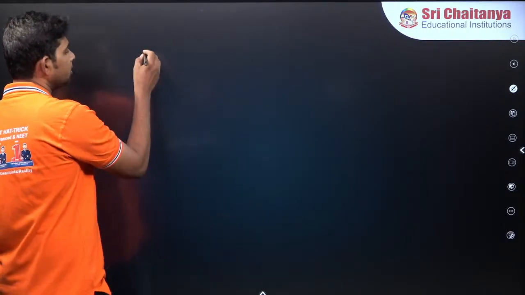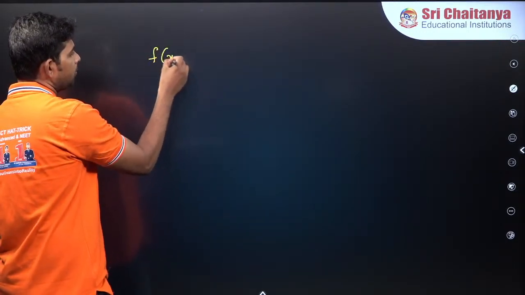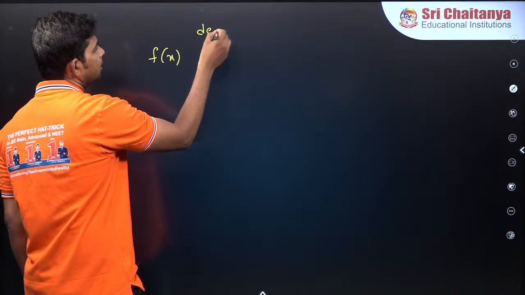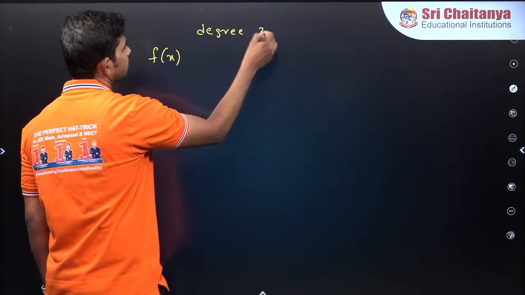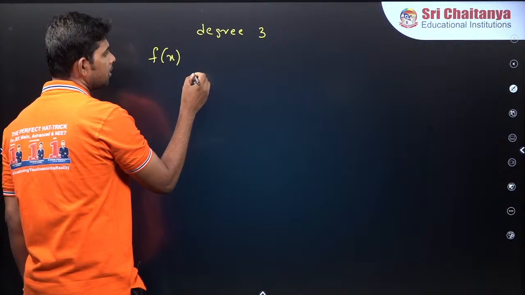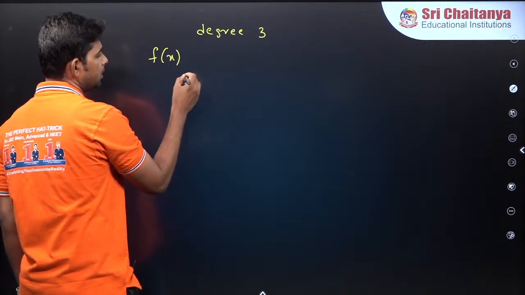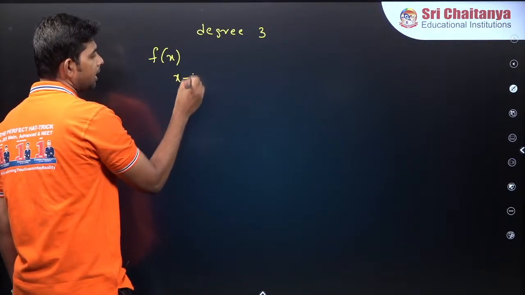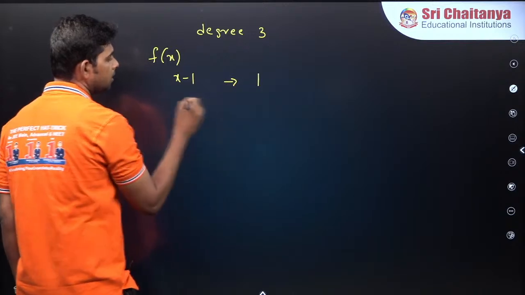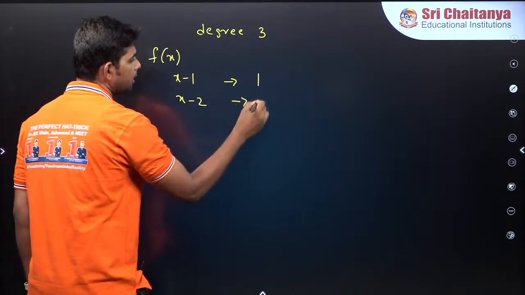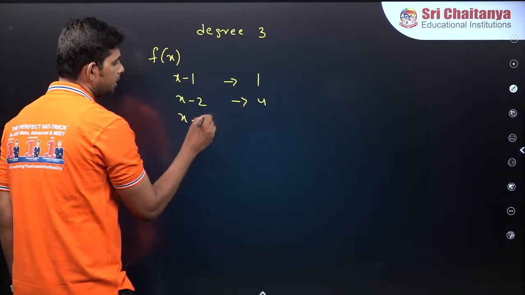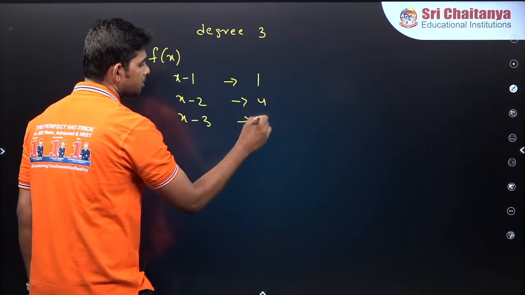So I am giving f of x, a polynomial of degree 3. If f of x is divided by x minus 1, the remainder is 1; by x minus 2, the remainder is 4; and by x minus 3, the remainder is 9.